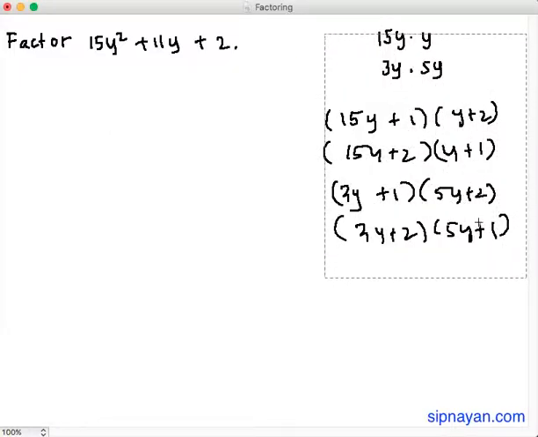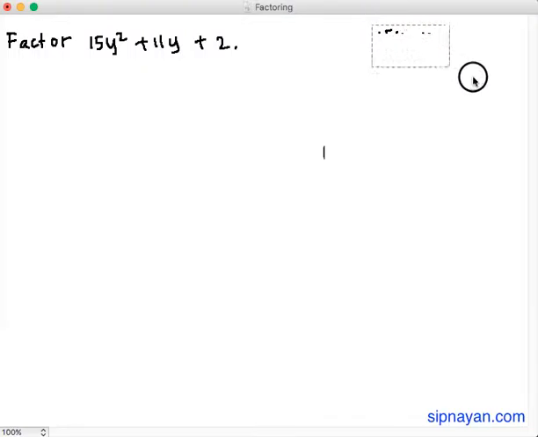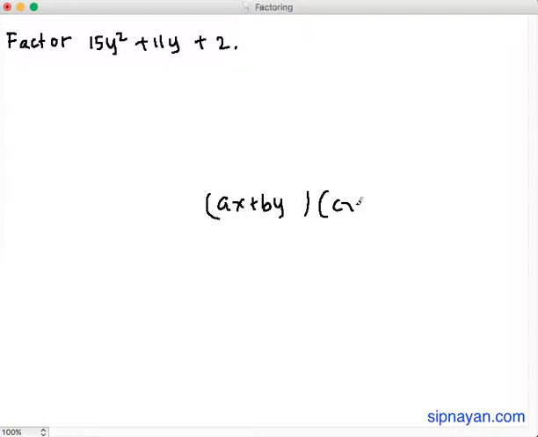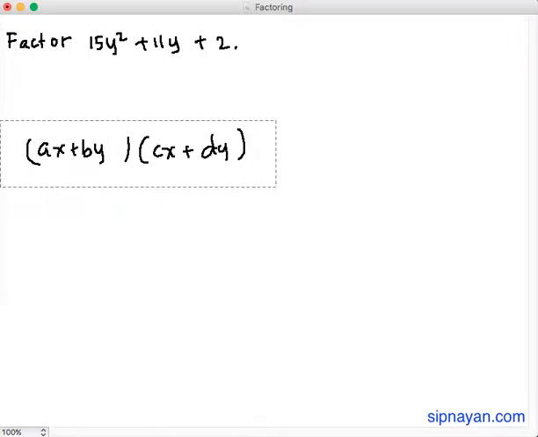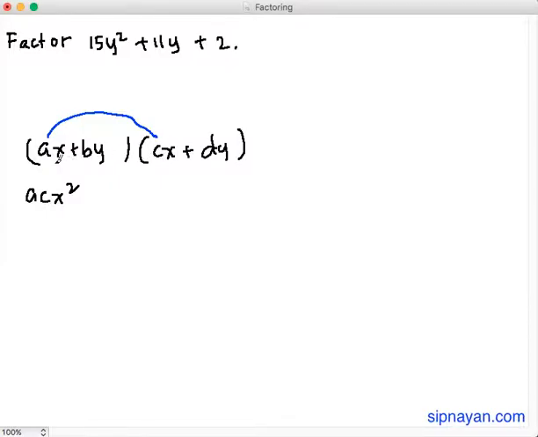So let's look at the general form of quadratic trinomials. Before we factor, for example, I have ax plus by times cx plus dy, and I want to multiply this. First, I multiply the first terms: that's ac x squared, since a times c is ac and x times x is x squared.